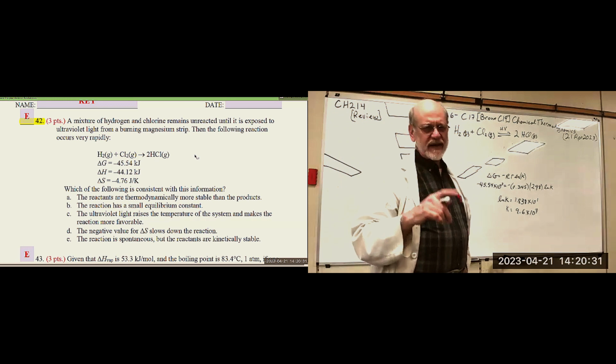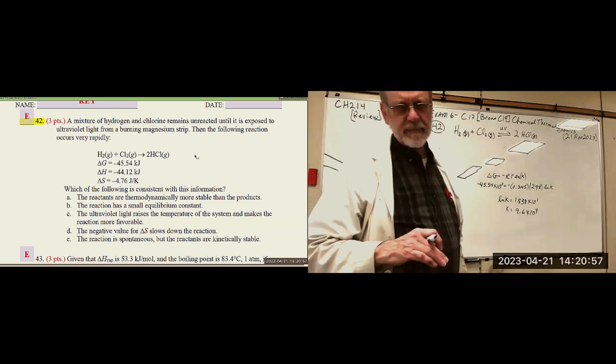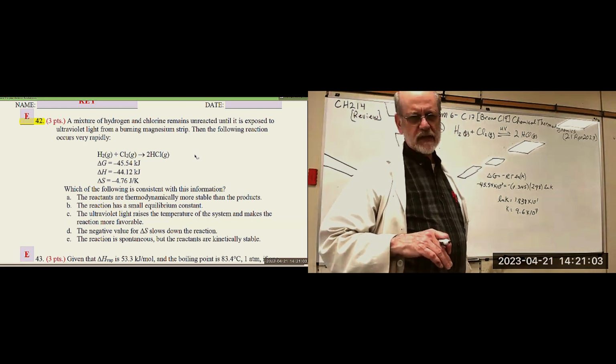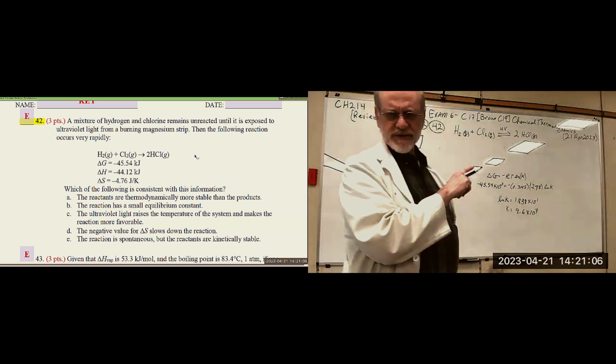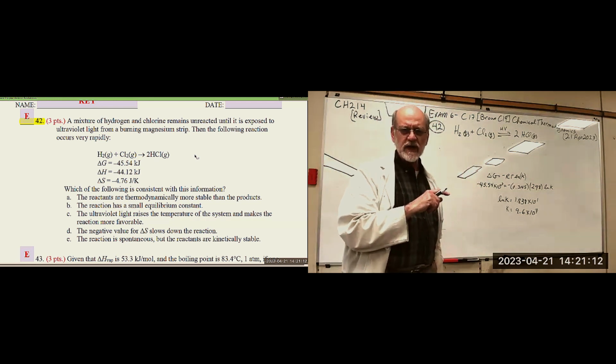I'm still wondering about A. C's next. Ultraviolet light raises the temperature of the system and makes the reaction more favorable.